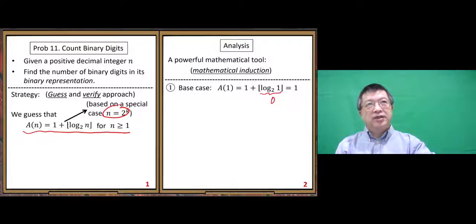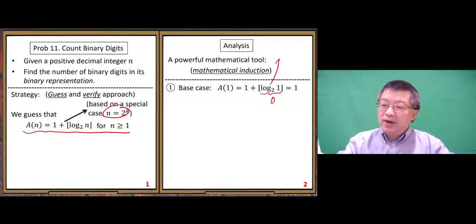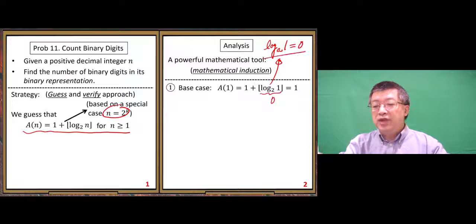Here I just want to remind you, when we use log base a, log base a of 1 equals 0, right? But for this a, we have conditions.